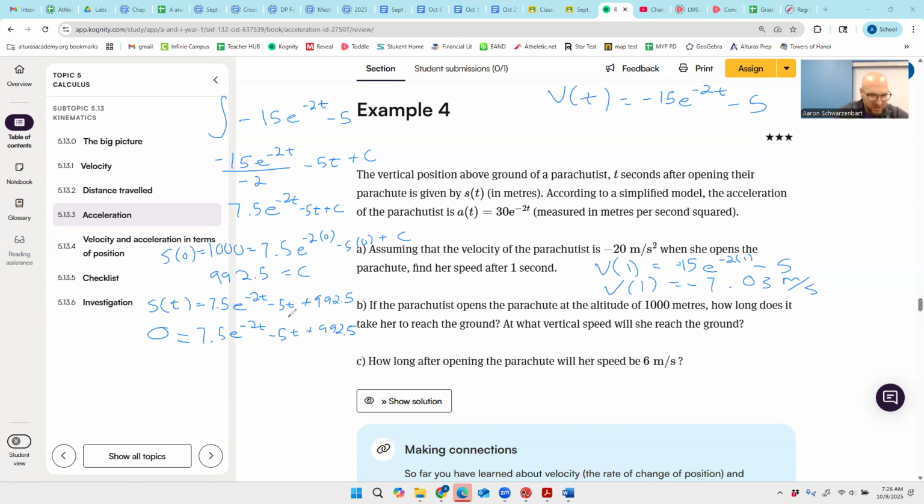I don't feel like solving it by hand, so I'm going to solve by graphing. Keep in mind that it will take a while for this to hit the ground, so I will need to make an appropriate window. So let's just pull it up on the calculator here.